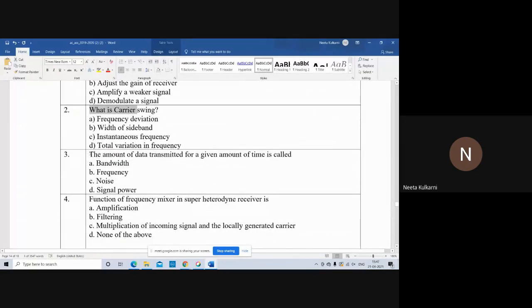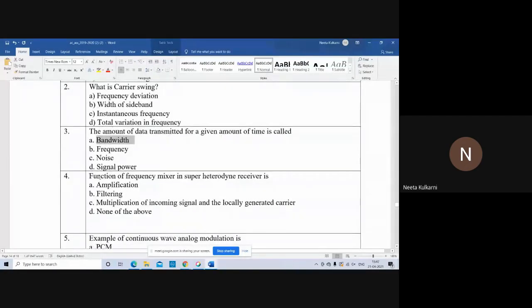Then next question is, the amount of data transmitted for a given amount of time is called as. The data we transmit in a specific time is called the bandwidth. Amount of data transmitted for a given amount of time is called the bandwidth.